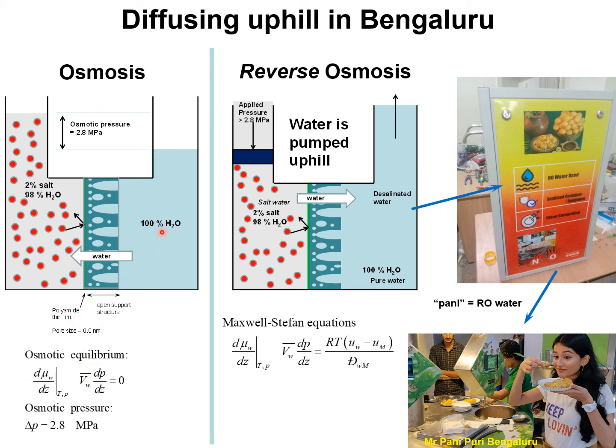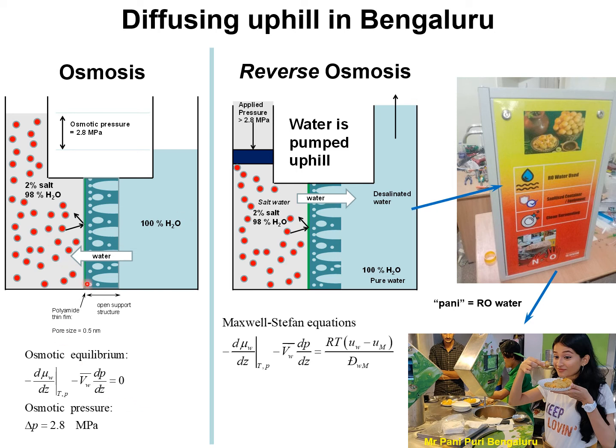Initially, there's a driving force for water transport from the right compartment to the left compartment due to the differences in the composition of water. The diffusion will continue to take place until osmotic equilibrium is reached, at which the sum of the chemical potential gradients and the pressure gradient term is zero.